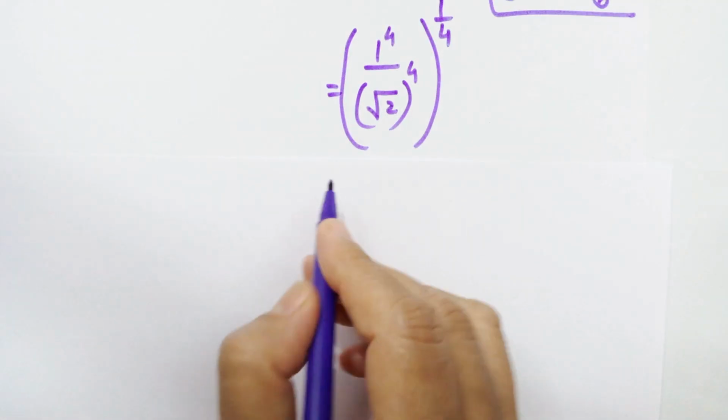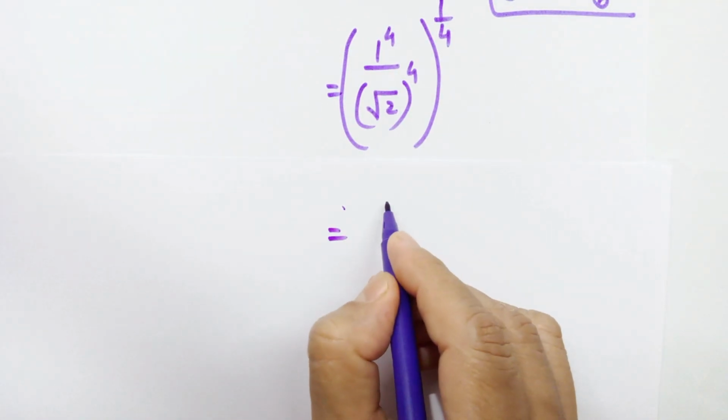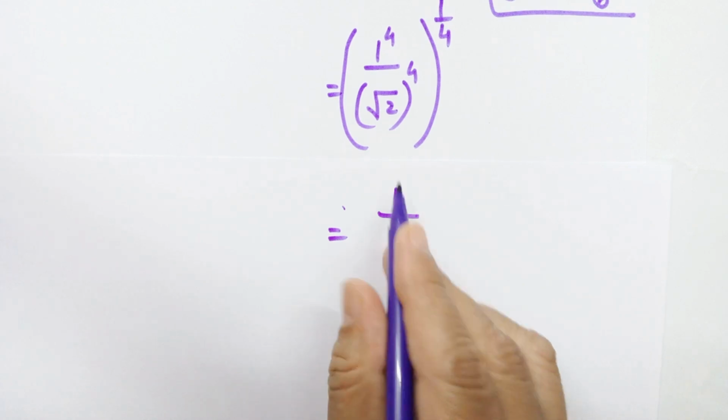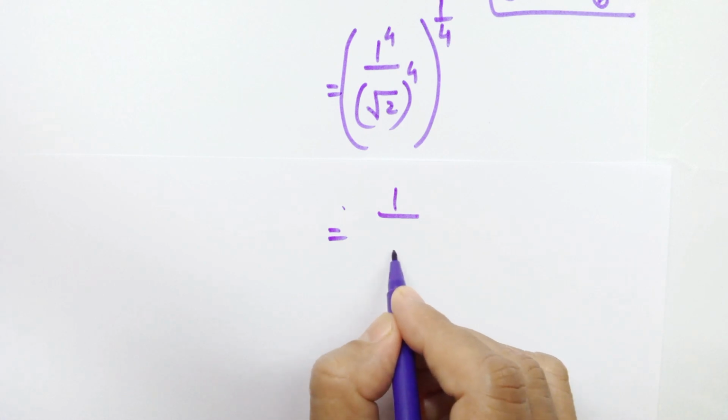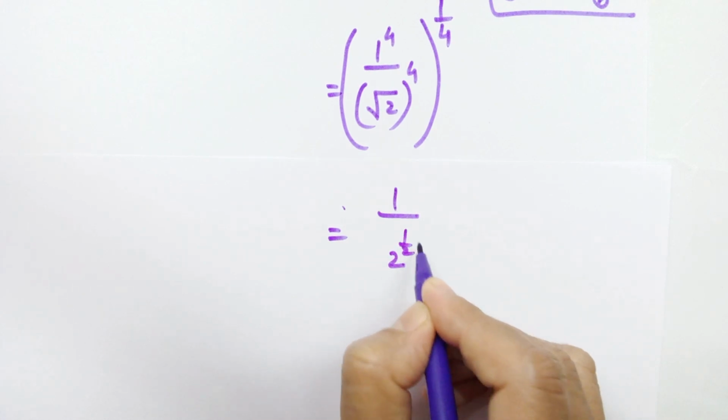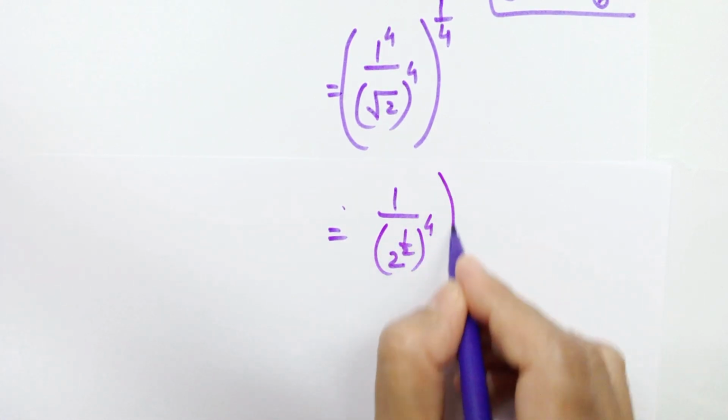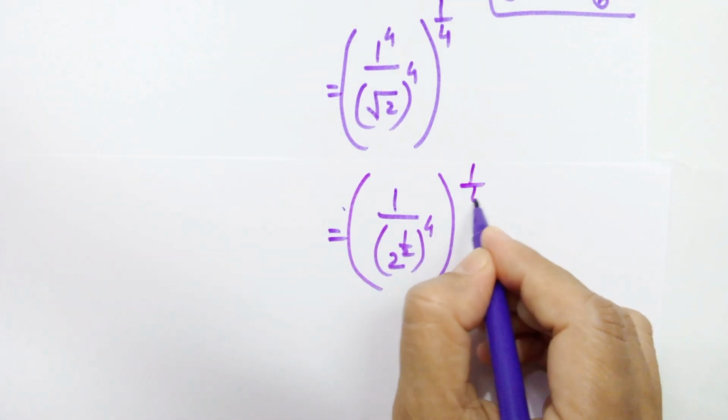Now our next step is equal to 1 upon, now under root 2 we can write like this, 2 raised to 1 upon 2 whole raised to 4 whole raised to 1 upon 4.